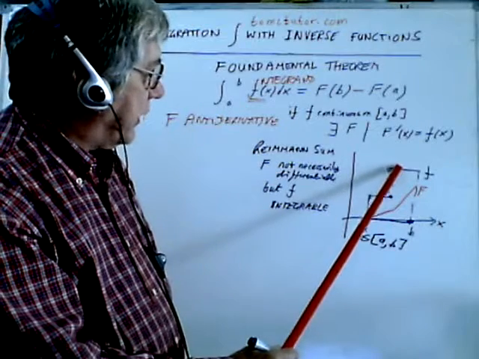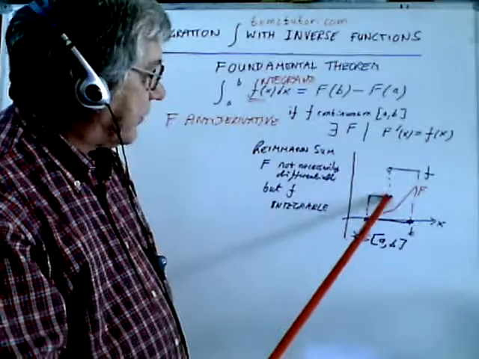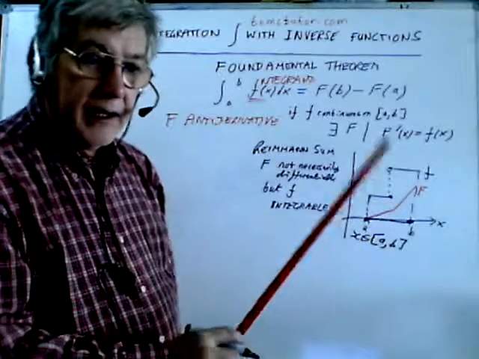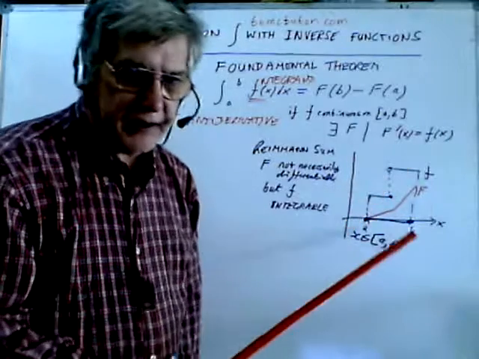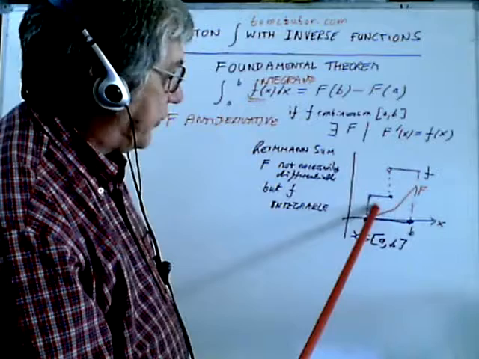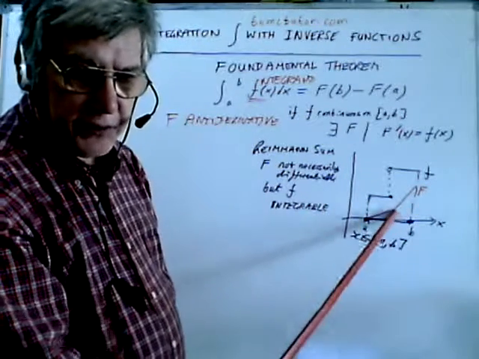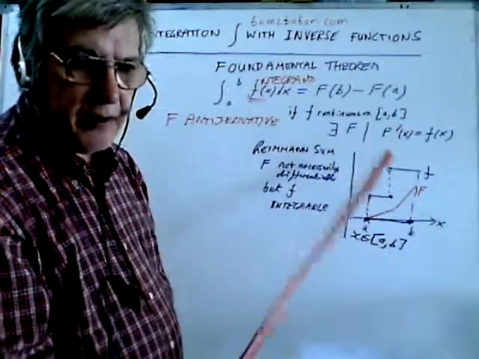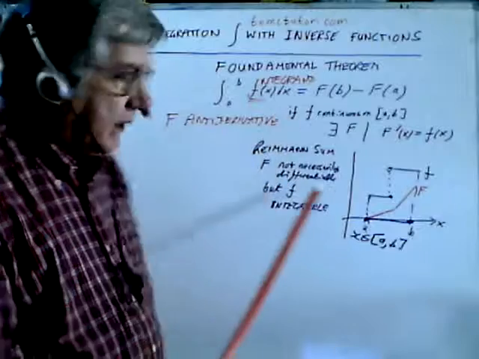If we're coming that way, the function's got a value there. If it's going that way, it's got a different value, so it's discontinuous. I think they call this a type 2 discontinuity. Anyway, this is what we call a piecewise function. We can still do the Riemann sum, that is, we can still find the area under the curve, and the area under the curve will give us that solution.